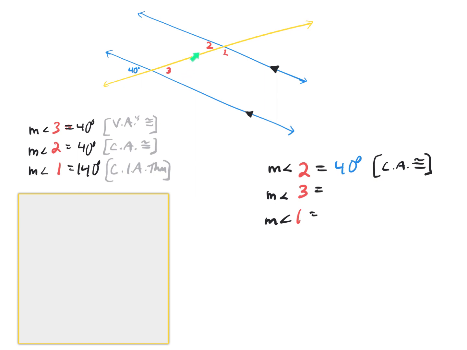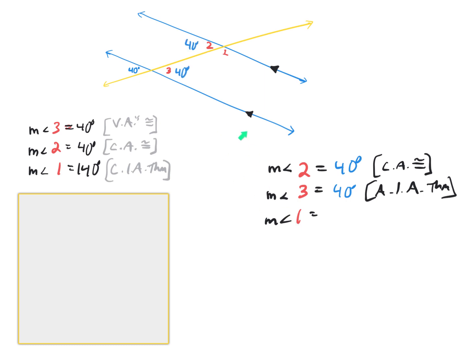So some people might say, oh, 2 and 3 are alternate interior angles. So if angle 2 is 40 degrees, then angle 3 is also 40 degrees because of the alternate interior angles theorem. And then for angle 1, we know 3 is 40 degrees now. We fill that in. We know 2 is 40 degrees.